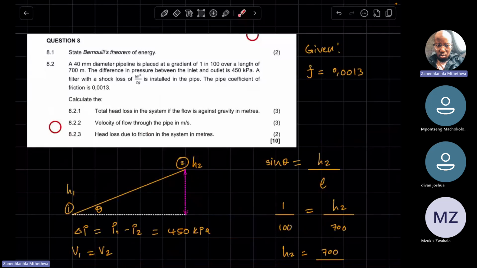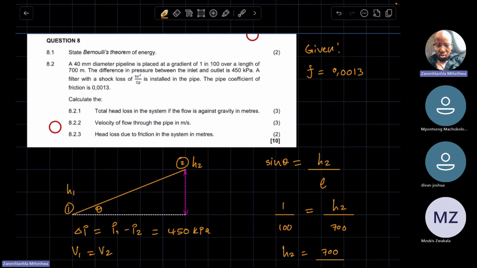So here it's pretty straightforward because they said calculate the head loss due to friction. That's obviously HF. But they could have said calculate the major head loss in the system in meters. Like I explained, the major head loss is the frictional head loss. That's HF.